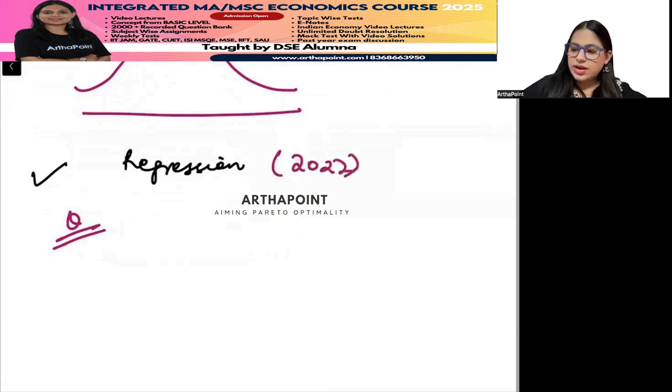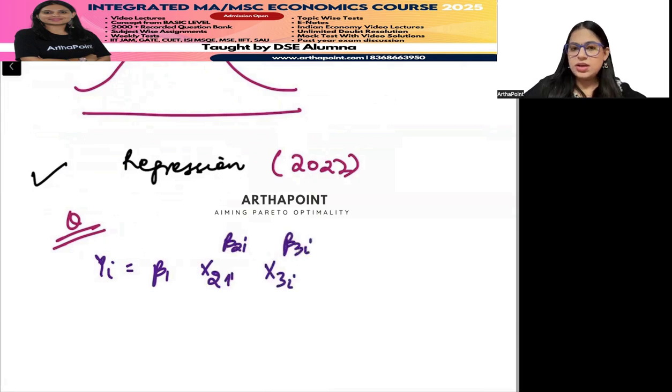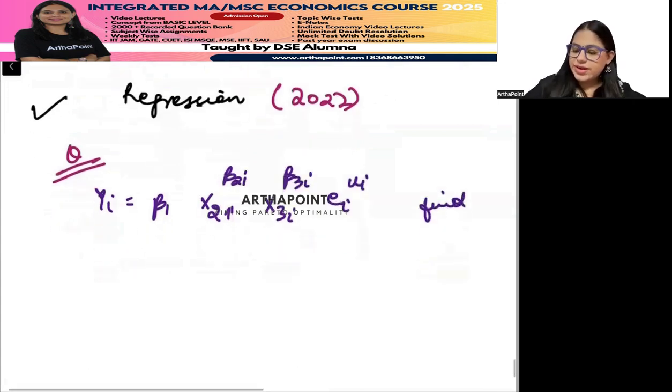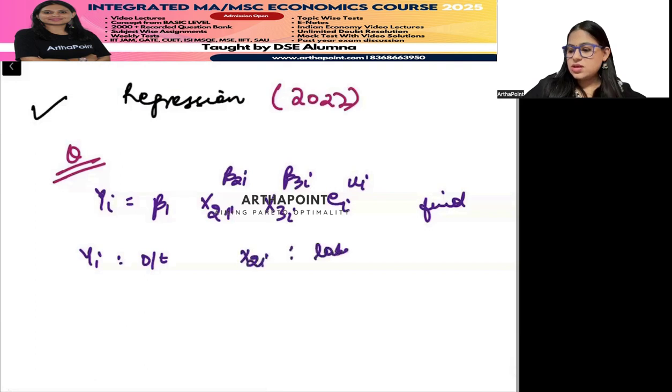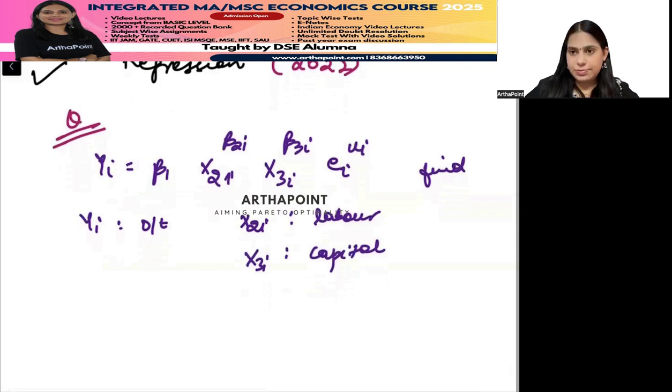You're given this model: yi is equal to beta 1, x2i, beta 2, x3i, beta 3, and ui. I tell you that yi is output, x2i is labor, and x3i is capital. And I ask you, find out the hypothesis for constant returns to scale.